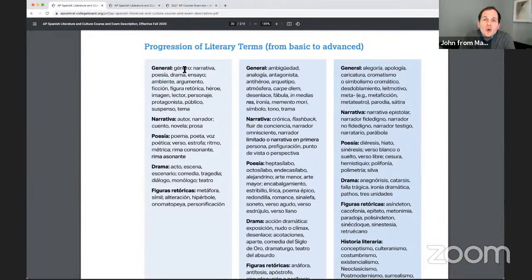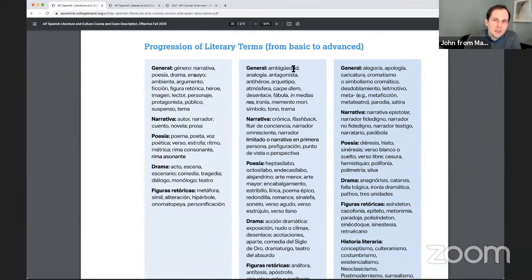So you should know, for example, género, narrativa, poesía, drama, ensayo, ambiente, argumento, ficción, figura retórica, héroe, imagen, lector, personaje, protagonista, público, suspenso y tema.